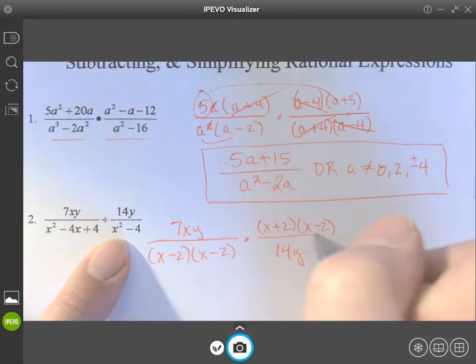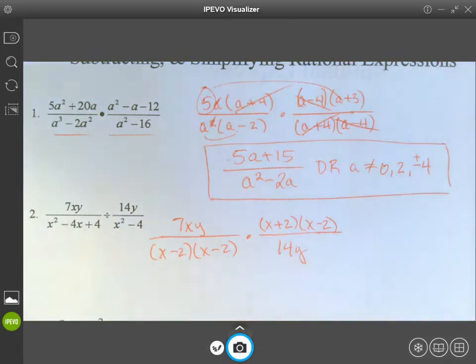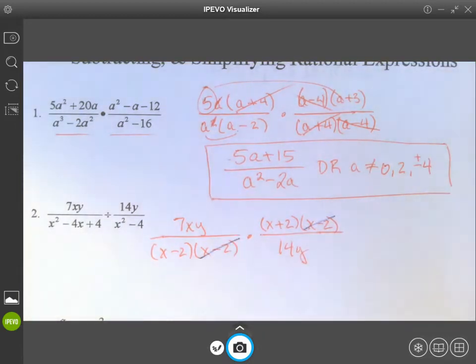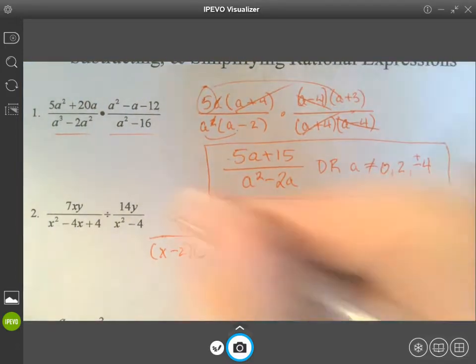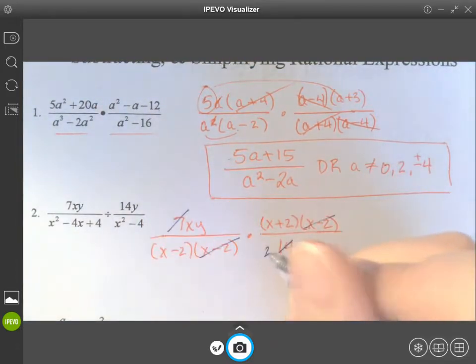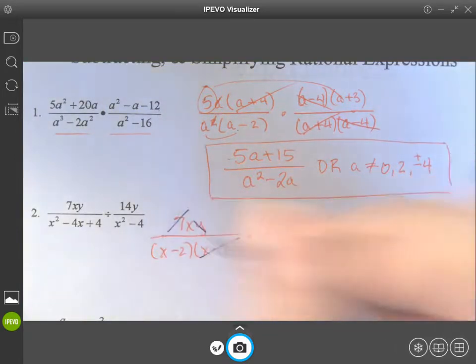All right, what can cancel here? Well, one of the x minus 2's can cancel, right? We have an extra one left over. What else cancels? The 14 and... All right, 7 goes with the 14. Is that where you're at? And then can't we also cancel out the y's?